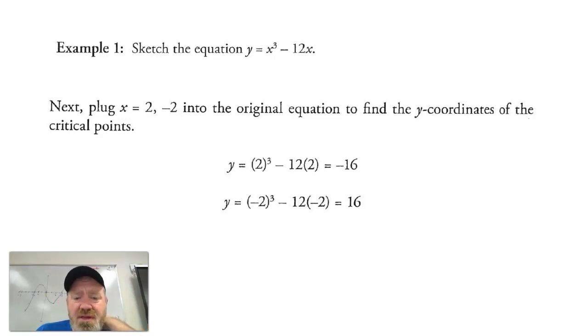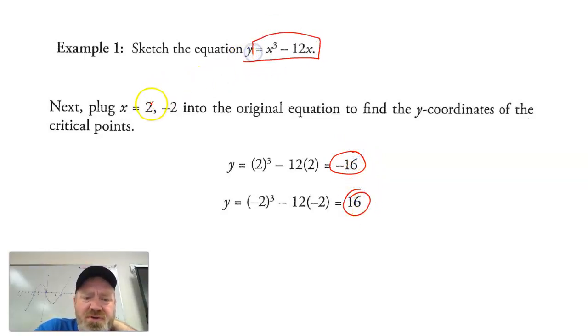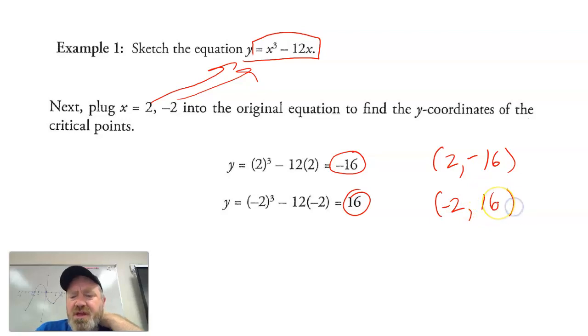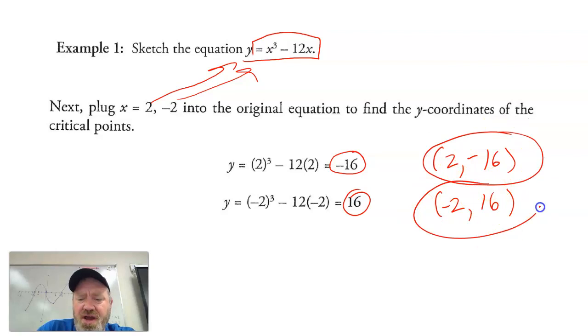But in this problem, we plugged 2 and negative 2 back into the original function. So we took the criticals, put them back into the original function to find actual points for where exactly on the graph our critical points are. And this is the result you get when you plug in 2 and negative 2 into the original function. And these can be plotted on our graph.